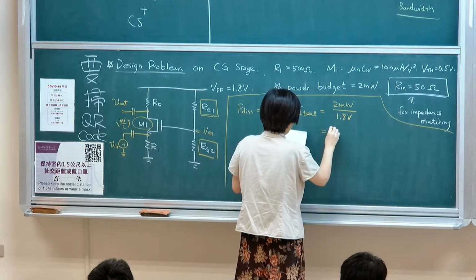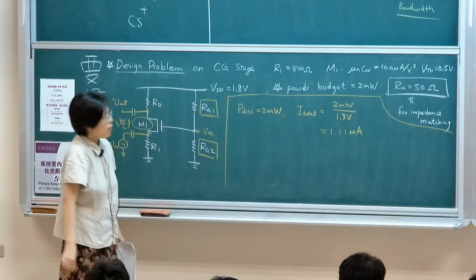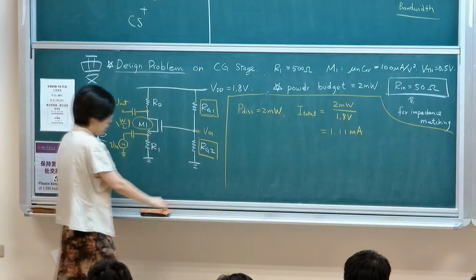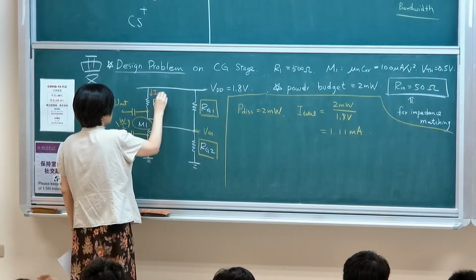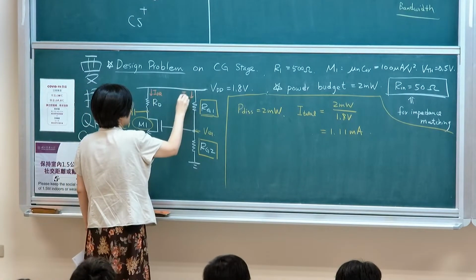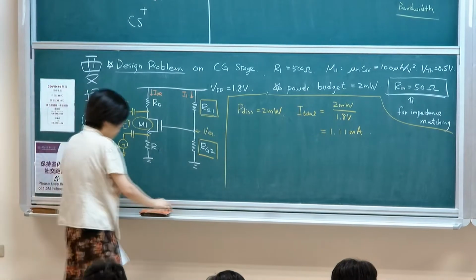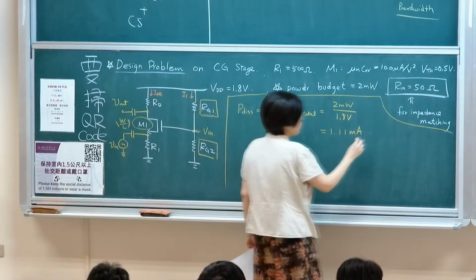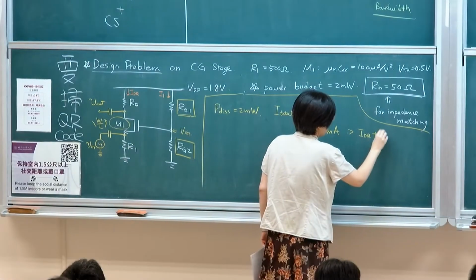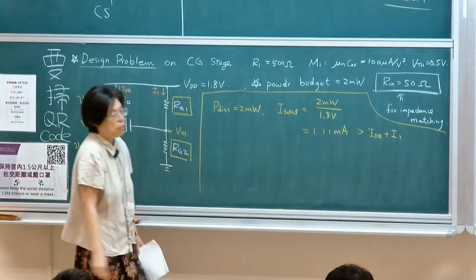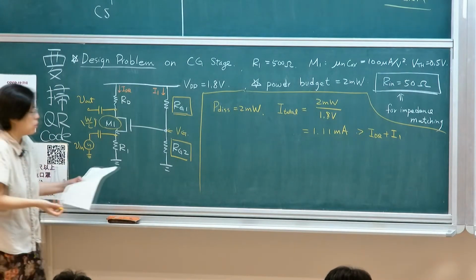That's 1.11 milliamp. So you have two branches of current. One is IDQ. The other is the biasing current, let me say I1. This is the total amount available, so IDQ plus I1 should not exceed it. So you can separate between the two.